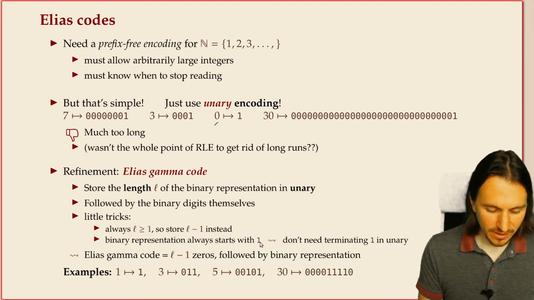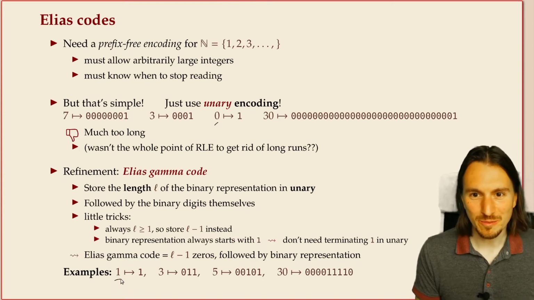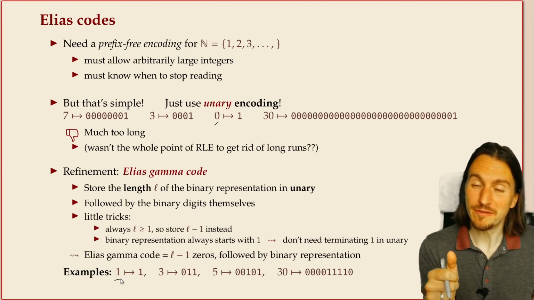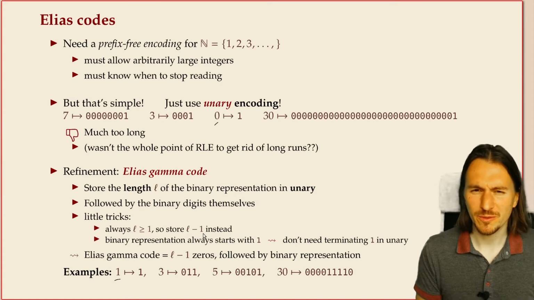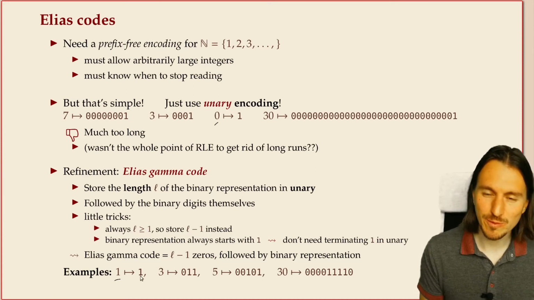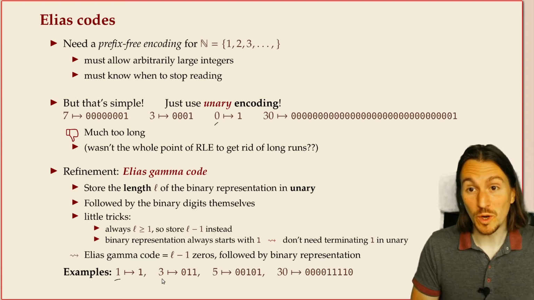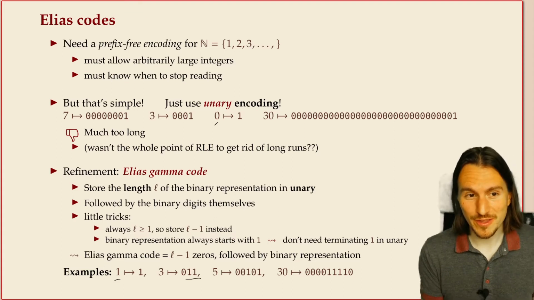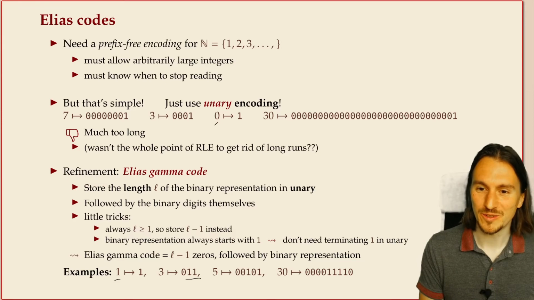So what that leads to is for 1, the binary representation is just a 1. The length of that is 1, but we store L minus 1 zeros, which is 0 zeros. So 1 is just mapped to 1. The number 3 is 1, 1 in binary. That's what you see here. The length of that is 2, so we prepend 1 zero, 1 less than 2.